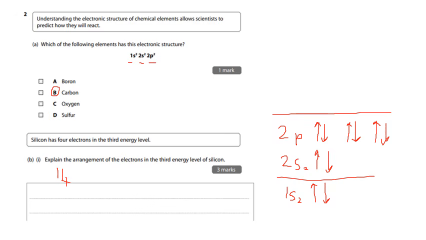So the third shell is going to be 3s2, which is there and then there. By the way, I should put a 6 there actually. So in that subshell, there's one orbital, 2 electrons. Then 2 more electrons, and they go in 3p2.